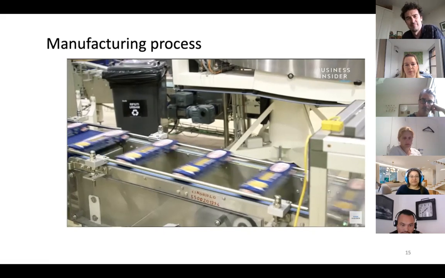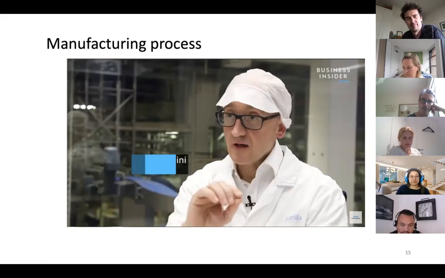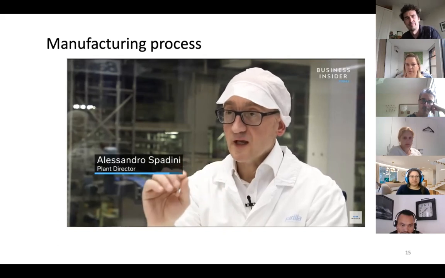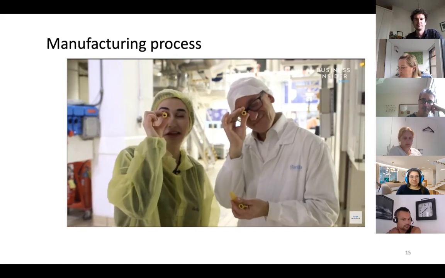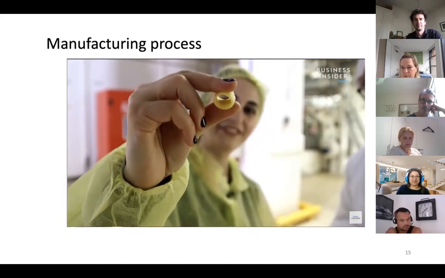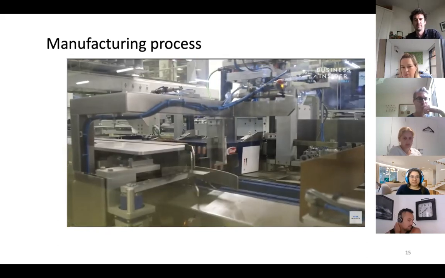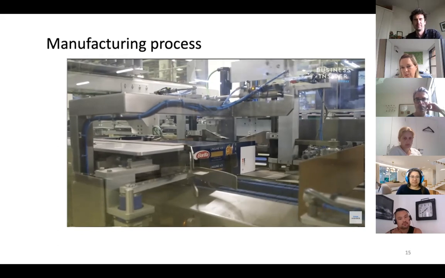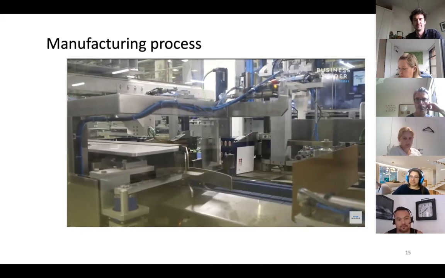We press the pasta through a die, which is a metal plate with holes shaped in the way to obtain the format of pasta that we want to pack. We dry the pasta for up to 12 hours in this plant, depending on the recipe, depending on the formats, in order to obtain a shelf-stable, dry, and ready-to-be-eaten pasta.